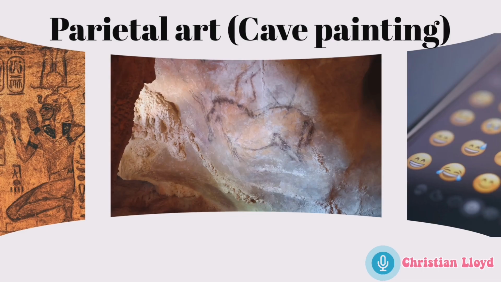Next, we can see the parietal art or the cave painting, especially the style and subject matter, likely an animal figure, possibly a bison, similar to prehistoric animals. This is taken from the cave of Altamira in Spain. Famous sites like Lascaux in France.